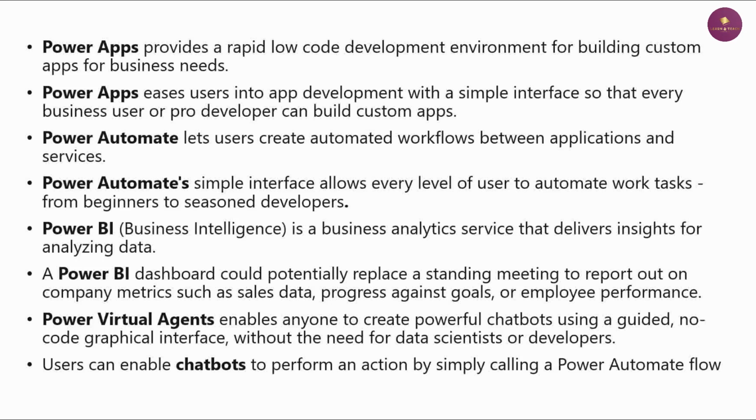We can connect to business data stored in Dataverse or SharePoint or any other third-party applications also. By using Power Apps, we can build three types of applications: model-driven applications, Canvas apps, and portals. Now we are calling portals Power Pages. We can look at all this in later sessions.